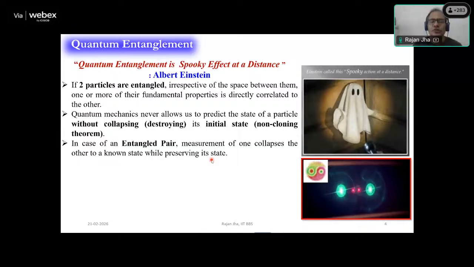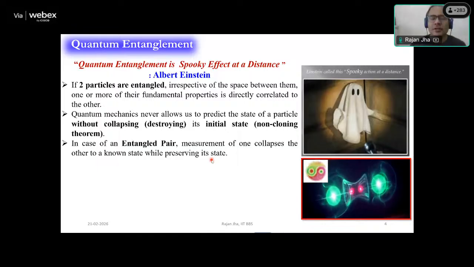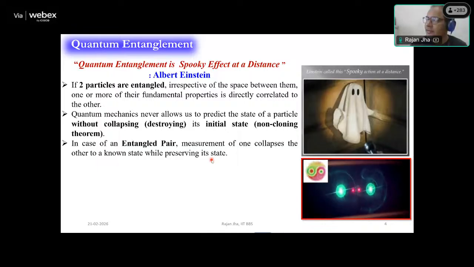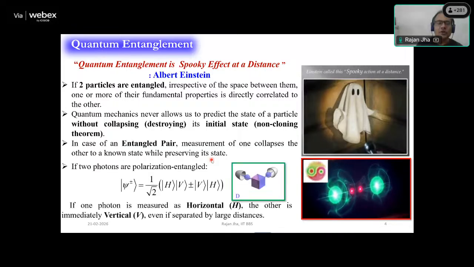And this is also called the no-cloning theorem. In the case of an entangled pair, if you try to measure one of the states, then the other collapses. You can just think that if you try to catch something, it will disappear and appear at another place. This is what entanglement is all about.